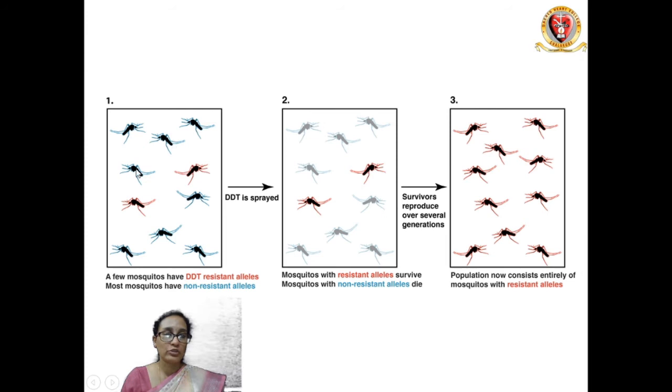So here we have a mixed population of both resistant as well as sensitive mosquitoes. When DDT is sprayed, all the sensitive ones die. Who can survive? Only the resistant ones can survive. And you see after a time that the major population is now only the resistant mosquitoes.